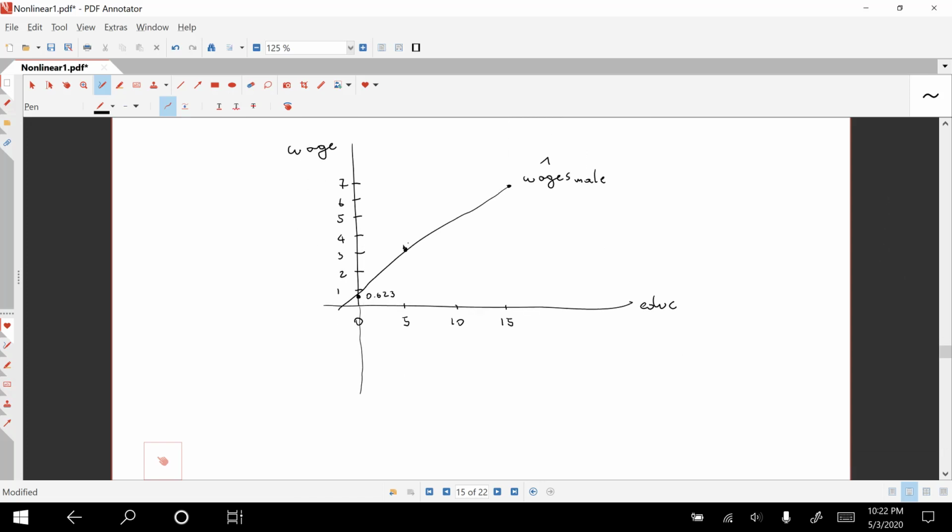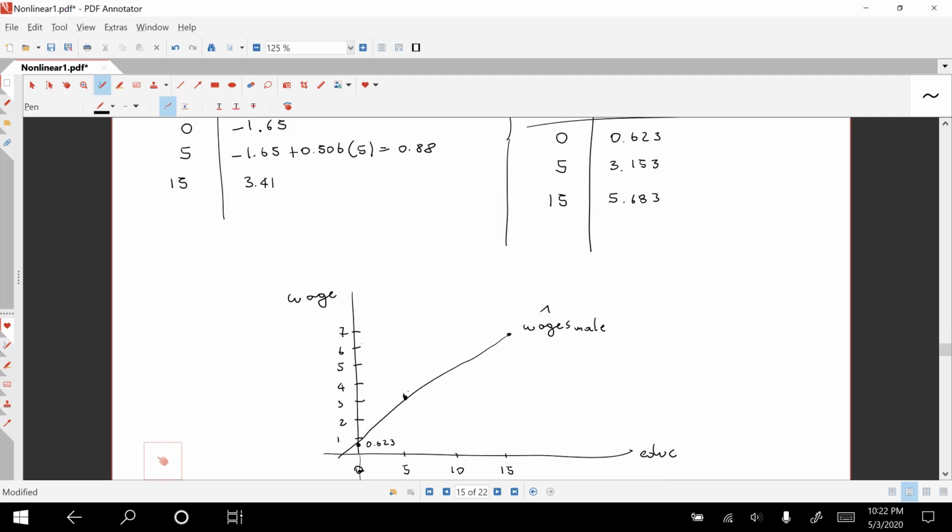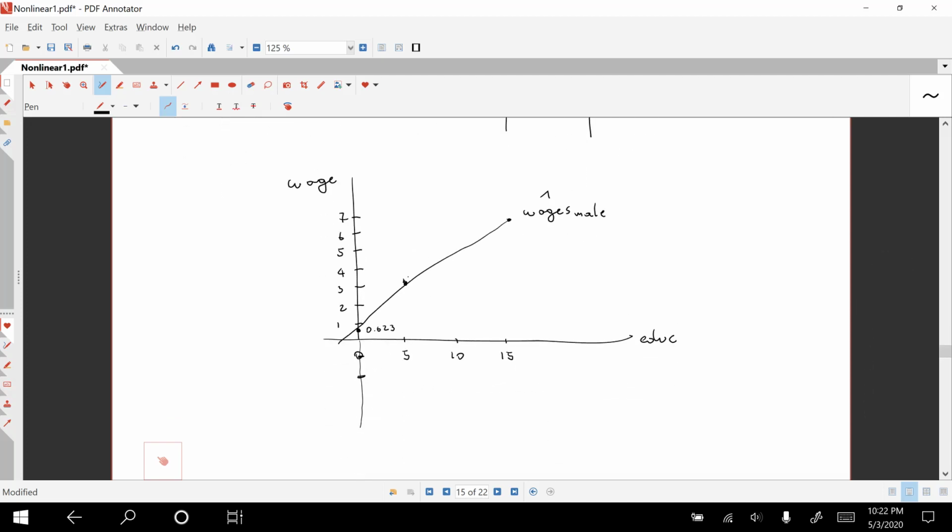And for females, the value at 0 is actually minus 1.65, which we know doesn't make any sense. So remember, sometimes the intercept is not very meaningful.